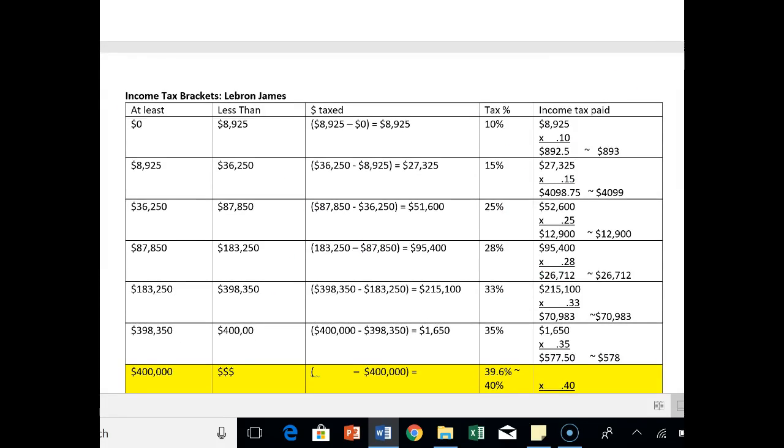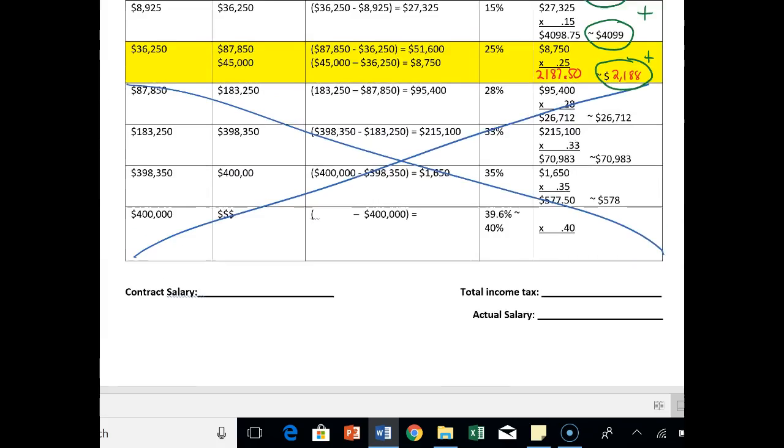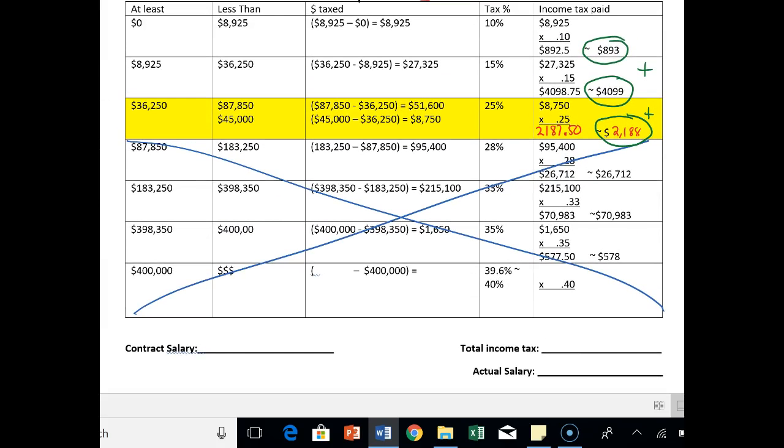In the part that says contract salary, I'd write down that my contracted salary is $45,000. But in the part that says what I owe to the government, my income tax, I'm going to add the three numbers that I just circled, because as we figured out, that's how much I owe at these tax brackets.